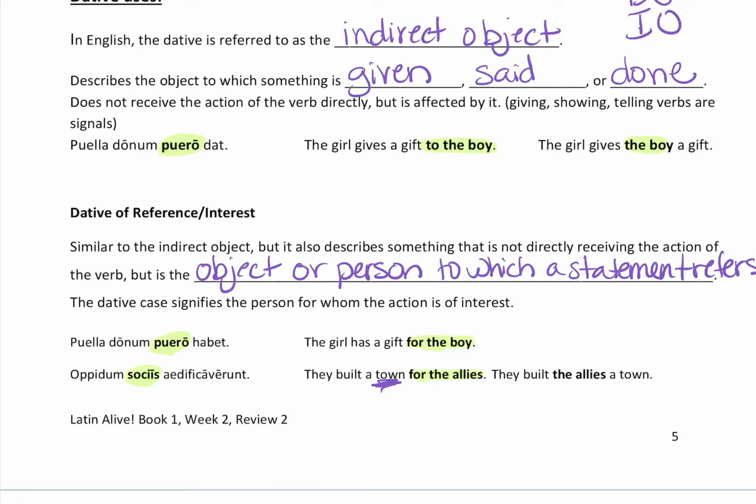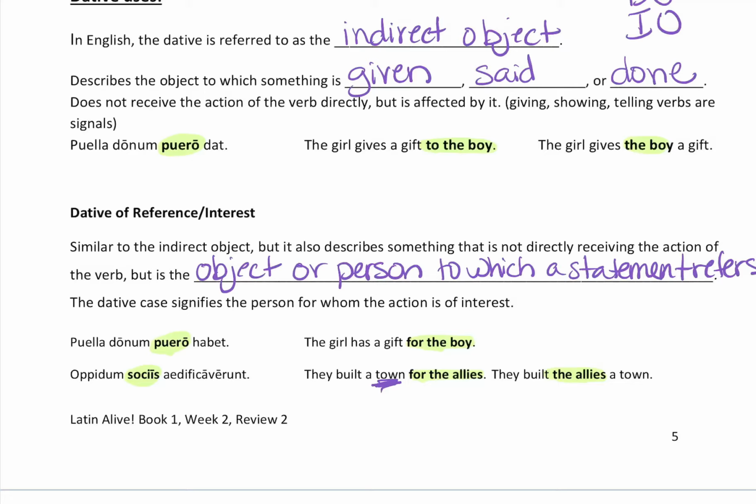So here we go. You can say it without the to or for. They built the allies a town. That becomes a little more English, easier to say. They built the allies a town, or they built a town for the allies, but they're both equally appropriate and grammatically correct.